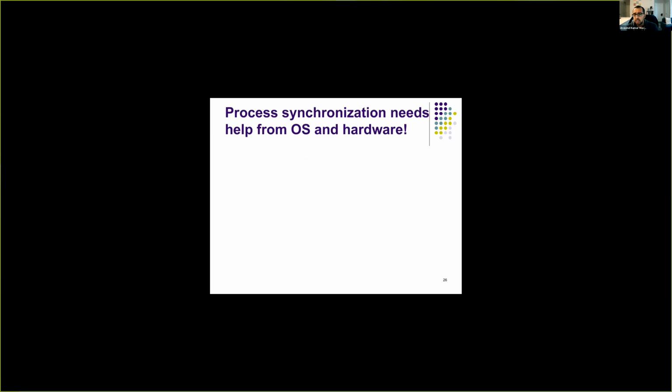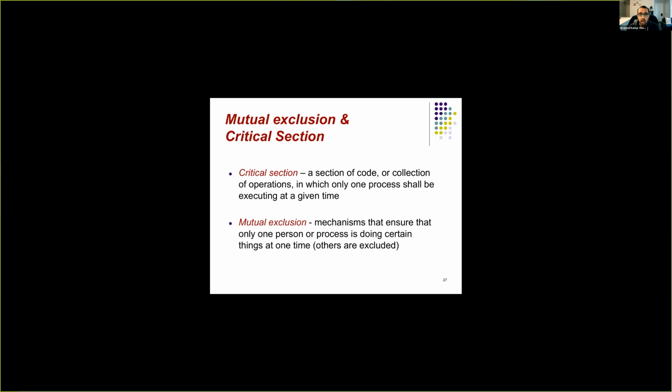To do that, we need help from the operating system and also hardware, right? Let's formally define what we mean by critical section. A critical section is a section of code, or rather a collection of operations, in which we want only one process to be executing at any given time.